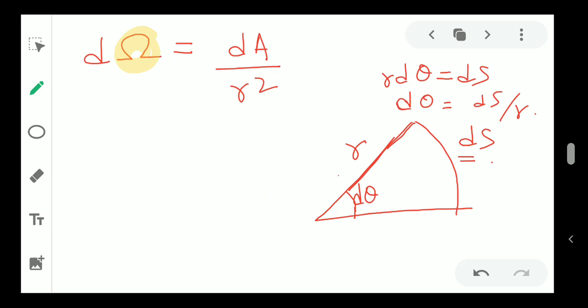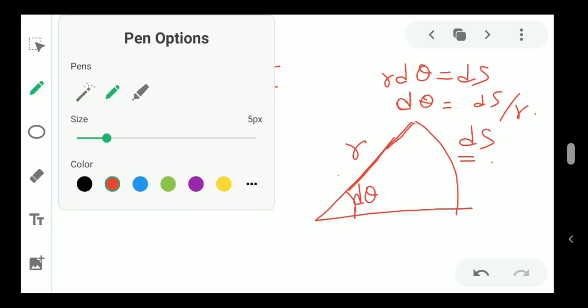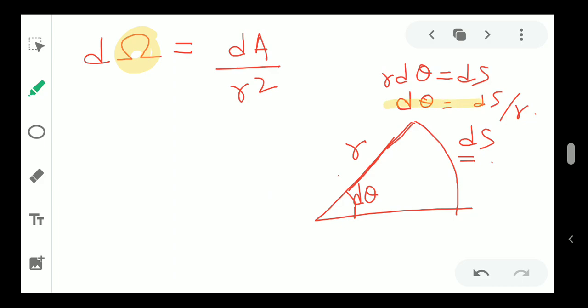This formula is for 2D, but for 3D you can see that instead of r there is r square. So in case of 3D we don't talk about angle, we talk about solid angle, and the formula for solid angle is dA by r square. What is A?